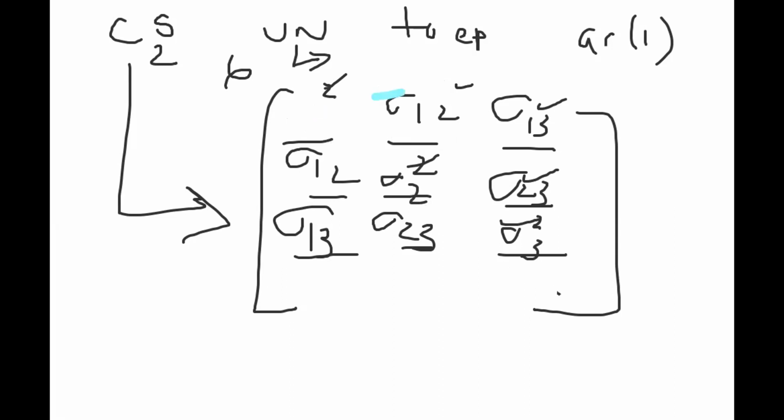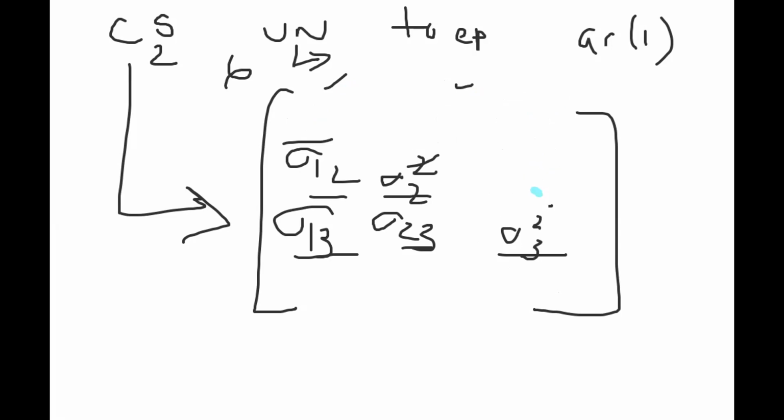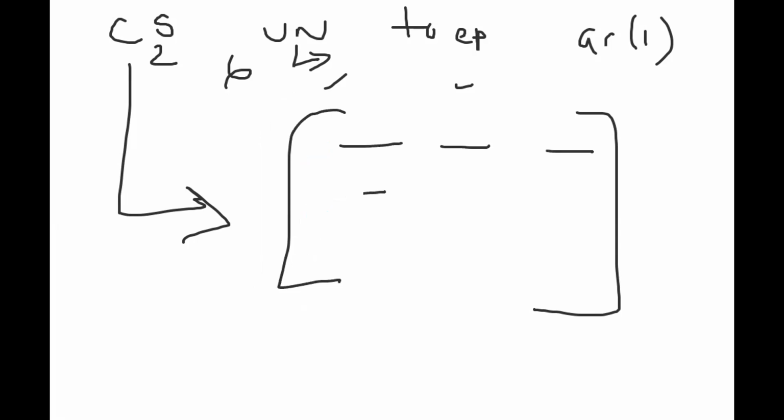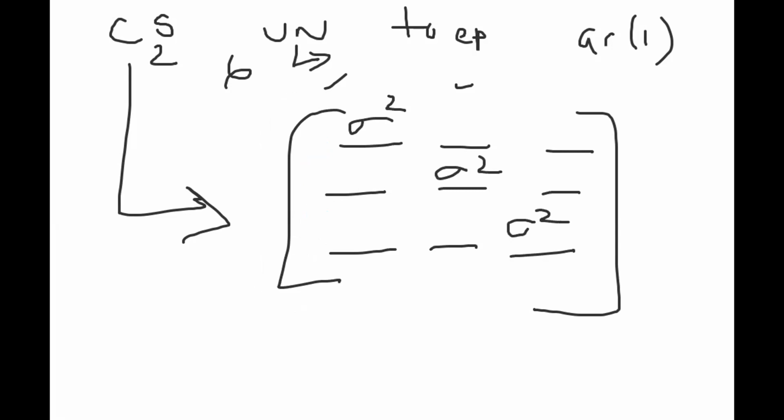We can go to the Toeplitz next. In this case, the Toeplitz assumes a common variance at any point in time, and it assumes points equally spaced.